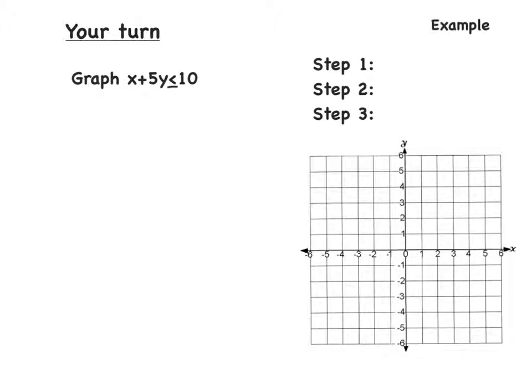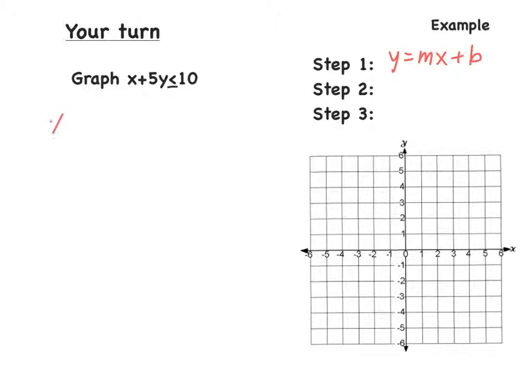Alright, so remember we have our steps. I left them blank because I wanted you to look back at your notes. So step 1, remember I need you to put it in y equals mx plus b form.